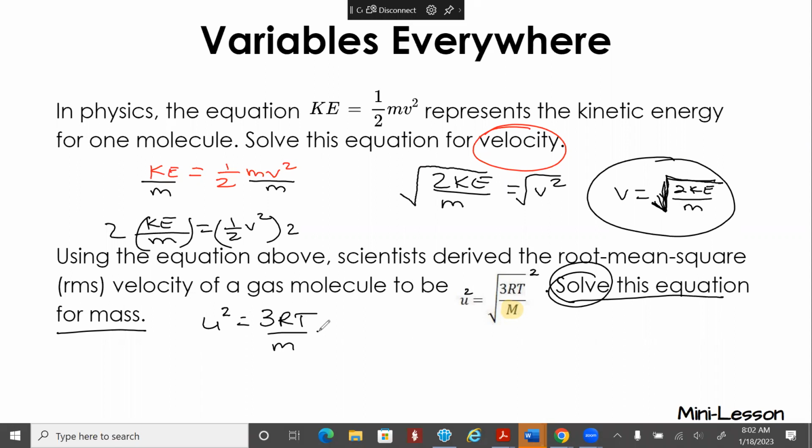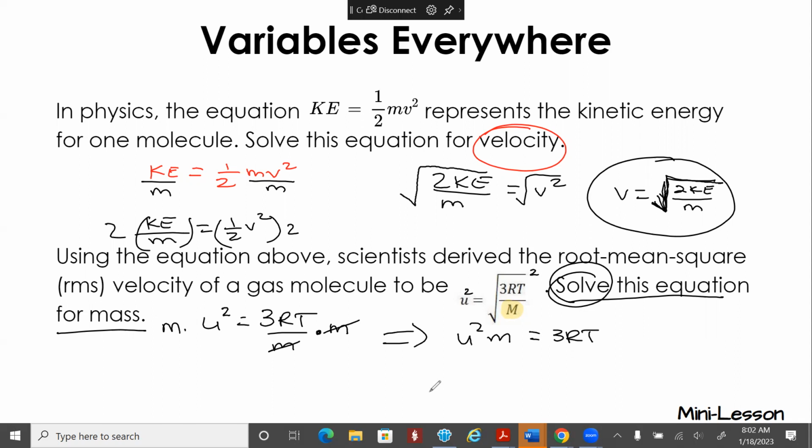So we're going to multiply by m to get him out of the denominator. And we're going to do it on both sides, because if you do it on one side, you got to do it on the other. So this is going to give us, I'm going to draw a little arrow right here, u squared times m equals 3RT.